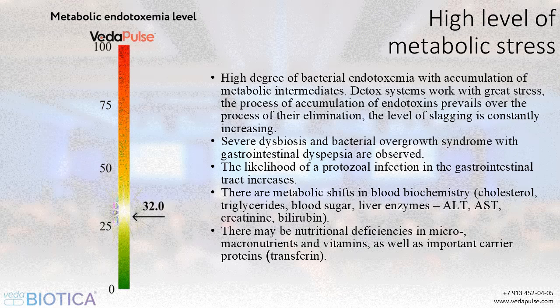This is, of course, evidence of hepatic detox strain, that the liver is trying to fight this elevated level of bacterial endotoxins and is under load. And, most likely, biochemical shifts will move toward an increase in the HOMA index, reflecting the state of insulin resistance, an increase in triglyceride levels and, in general, a trend toward dyslipidemia and elevated cholesterol levels, which, in general, are the initial steps in the development of metabolic syndrome.